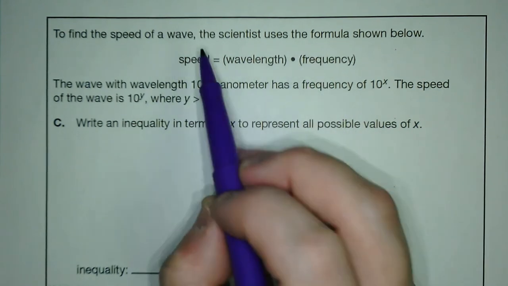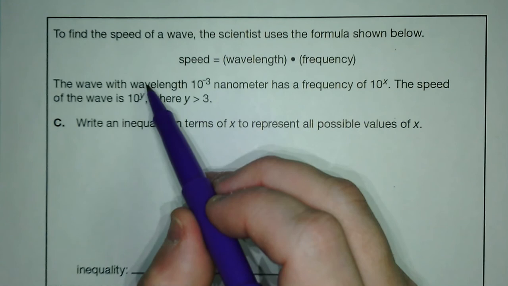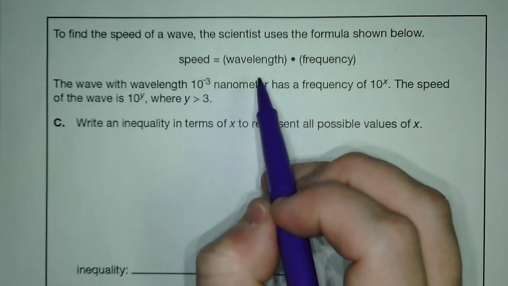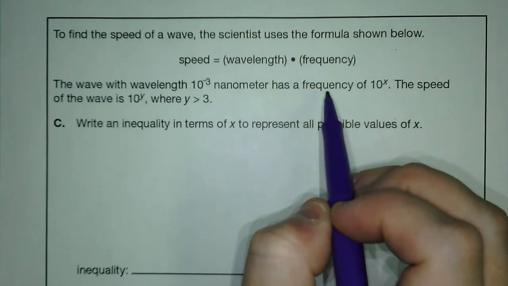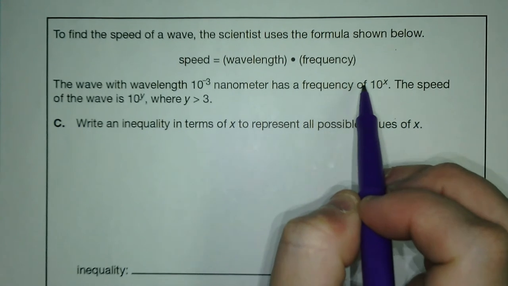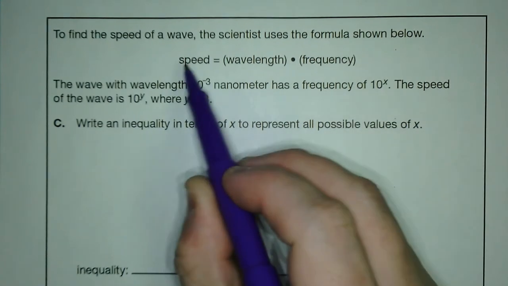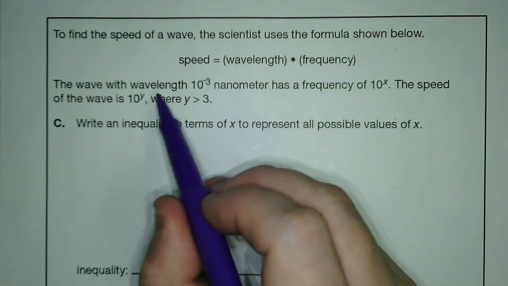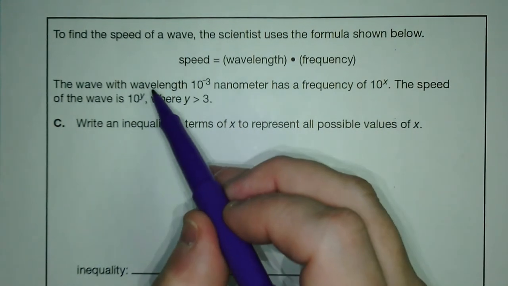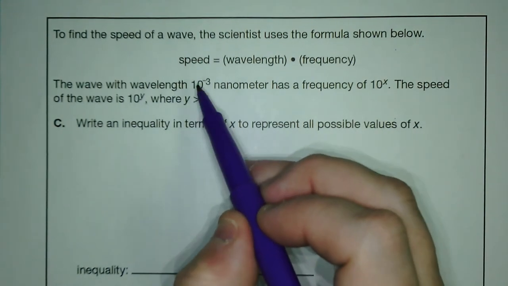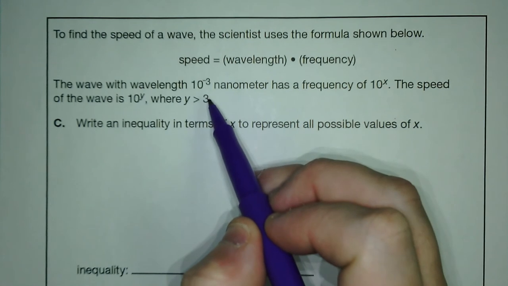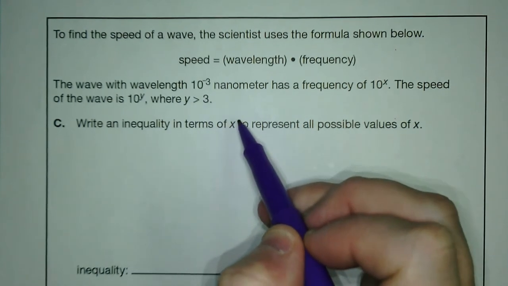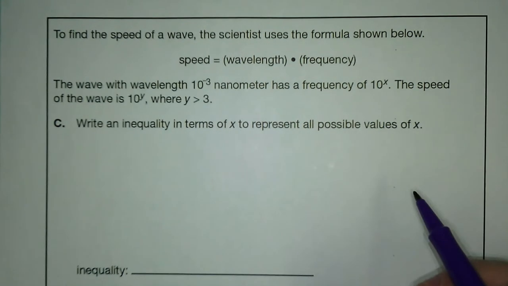The wave with wavelength 10 to the -3rd power nanometer has a frequency of 10 to the x. The speed of the wave is 10 to the y, where y is greater than 3.